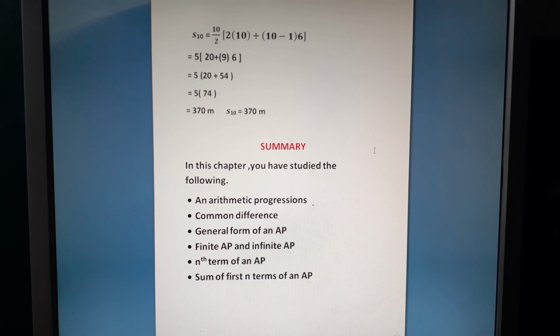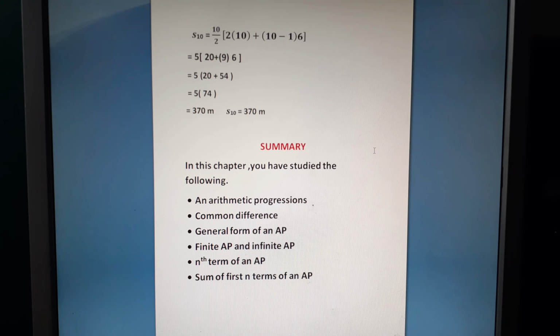That is equal to 5 into 20 plus 9 6s are 54, that is 5 into 74. 5 into 74 is equal to 370. S10 is equal to 370 meters. That is, 370 meters is the total distance the competitor has to run.